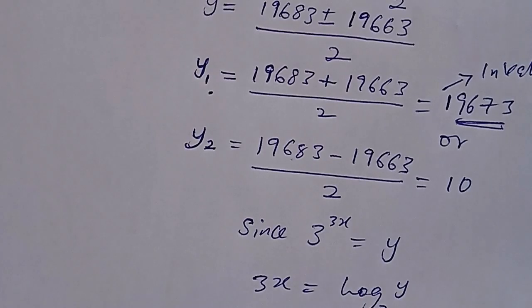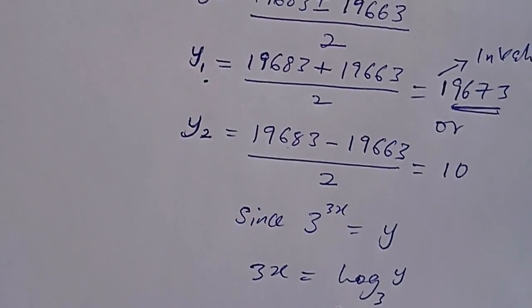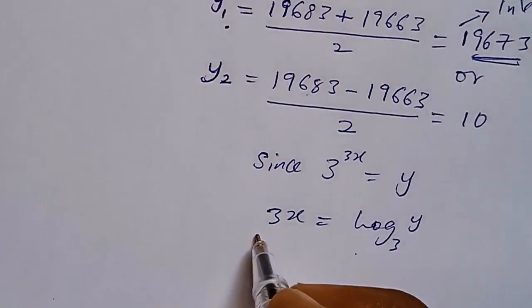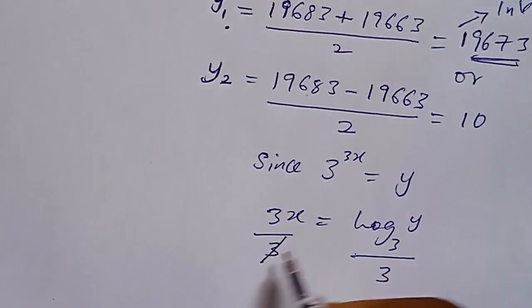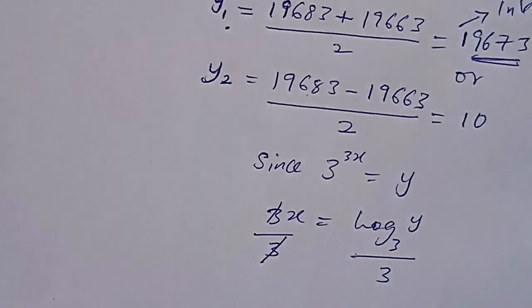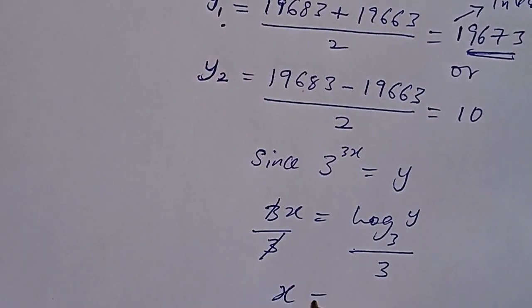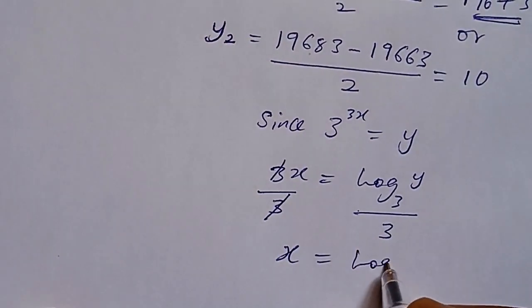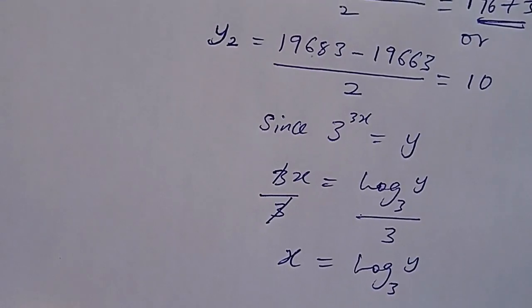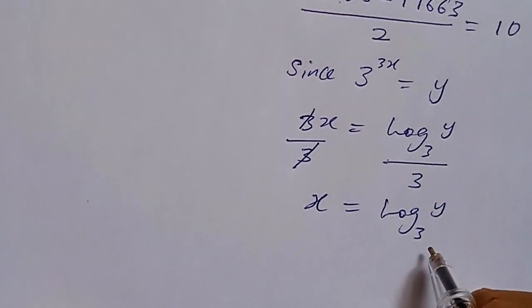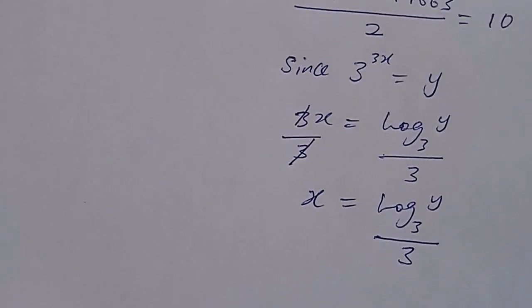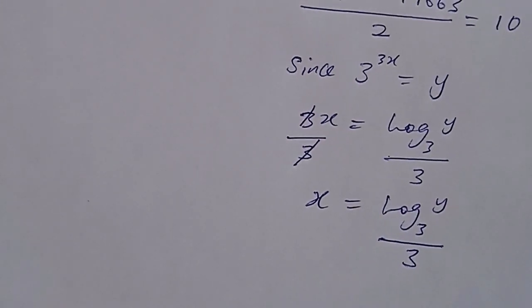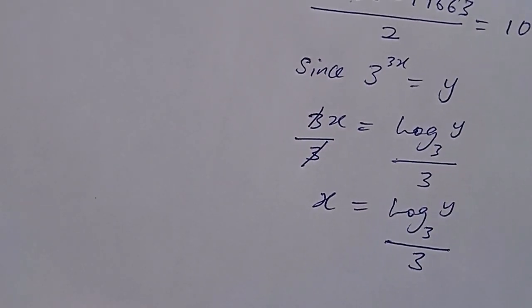Okay, so from here we can divide both sides by 3, this cancels out this, so we are left with x equals log of y base 3, over 3. So this is what we are going to use to solve for the value of x.